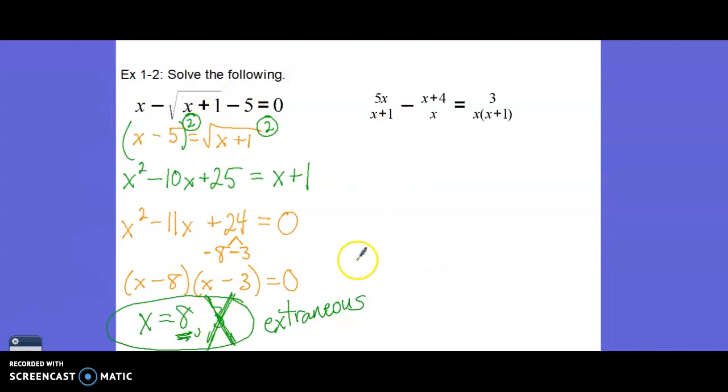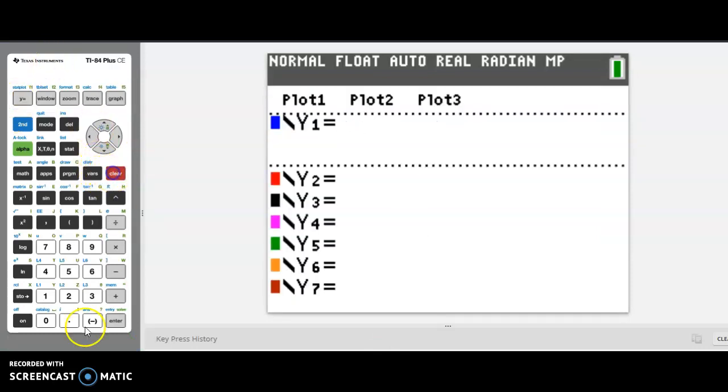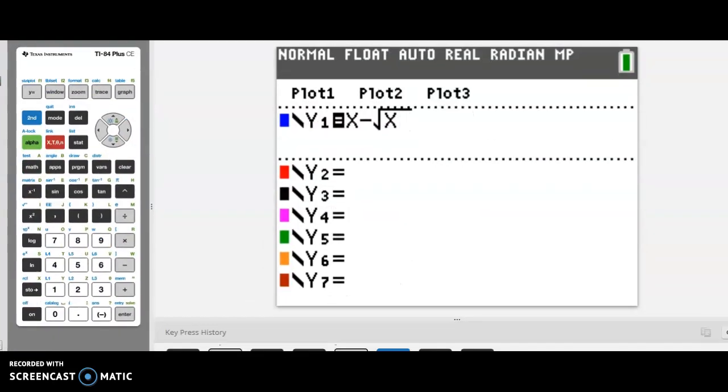And if we actually looked at the graph of this, which I could show you, x minus the square root of x plus 1 minus 5 will only cross the x-axis once. So let's go ahead and look at that.